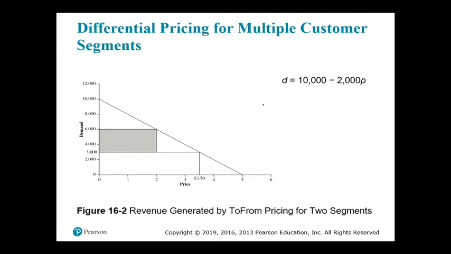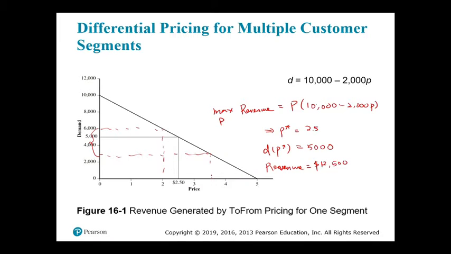So the total revenue for this case is $16,500, and this is because the whole area that's covered here by the two different prices is larger than this area.